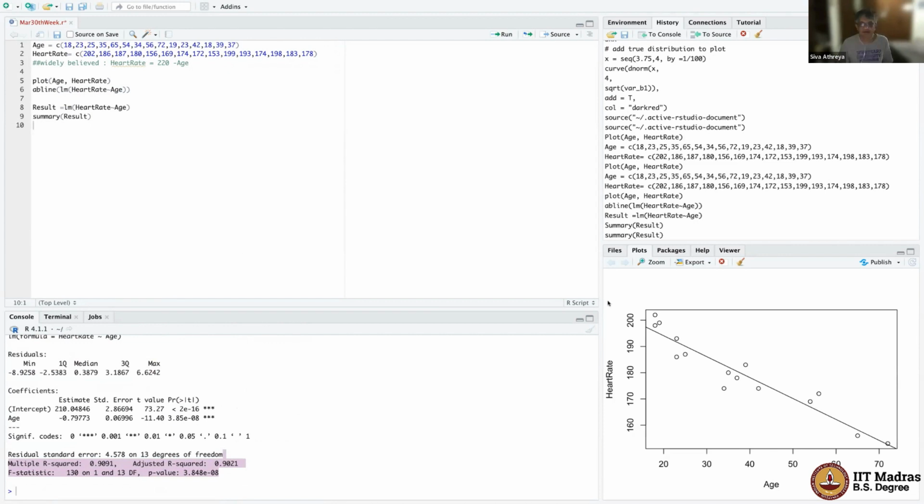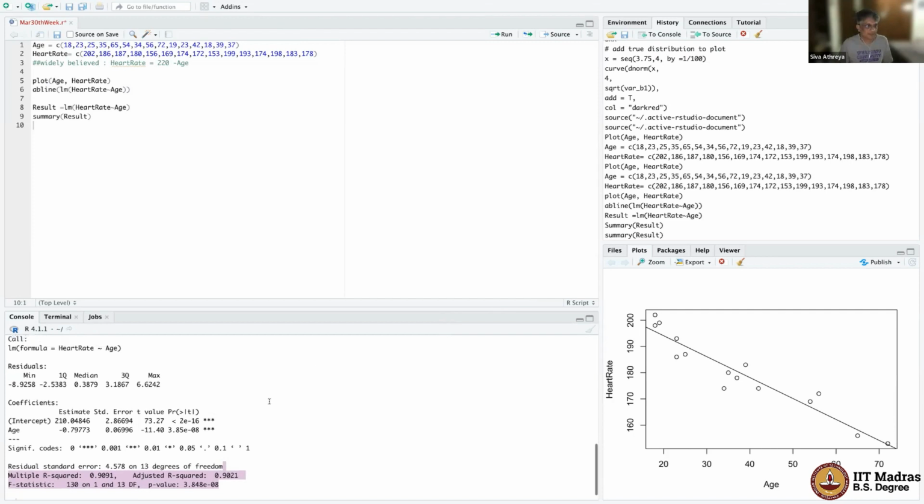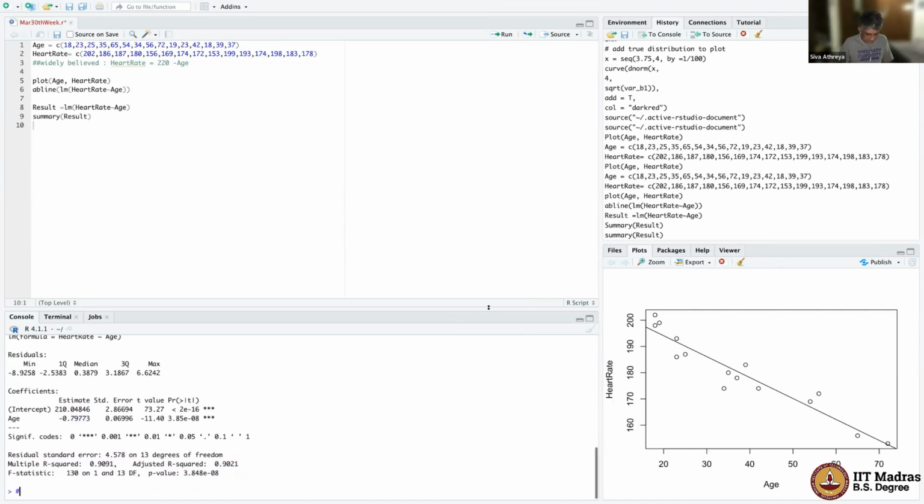Very good. Now I'll find out the coefficients. What do I get as coefficients? The intercept is 210 and the slope is minus 0.79. That's what's going on. So R is giving me a line. Let me go back here and type.